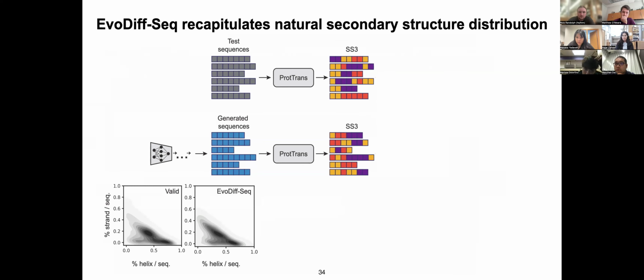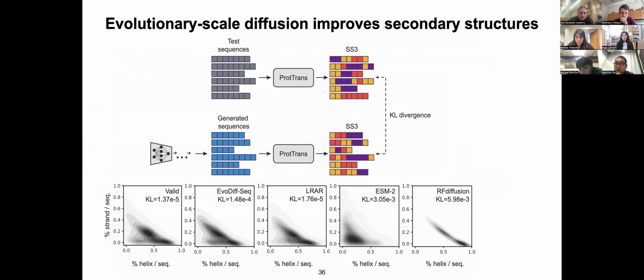Okay, and we can conduct this again for our EvoDiff-seq model and characterize this using a KL divergence between the distribution of our test and distribution for our generated sequences. And we get a distribution that looks quite similar. Again, when we compare to our left to right autoregressive and ESM2 models, we see that we're on par with the state-of-the-art method.